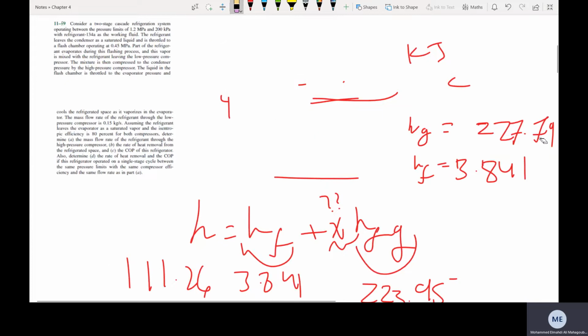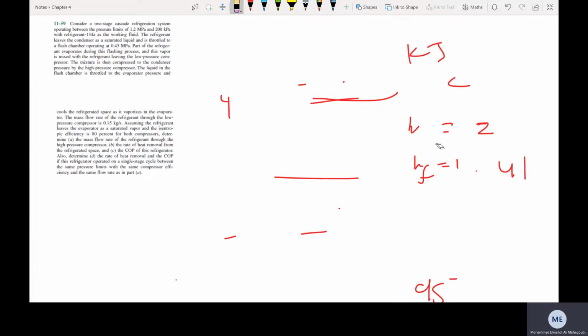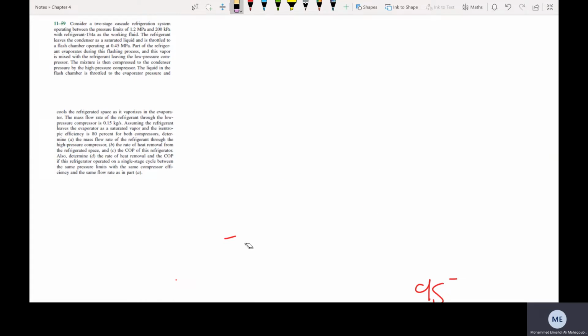Let me delete all this. Can't I enlarge this? I want to delete. Delete.